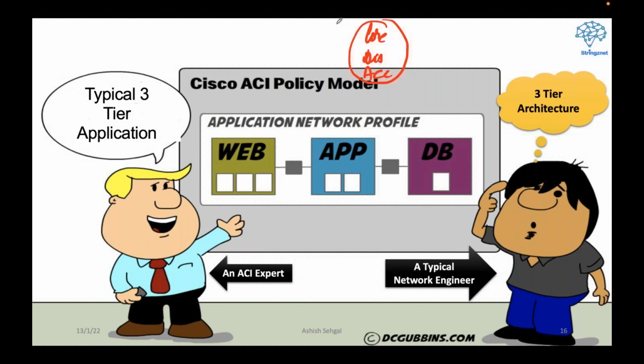In ACI, we do not call core, distribution, and access layers. At a rough high level, from the physical topology point of view, ACI is just a two-tier architecture. Two-tier instead of the typical three-tier architecture.